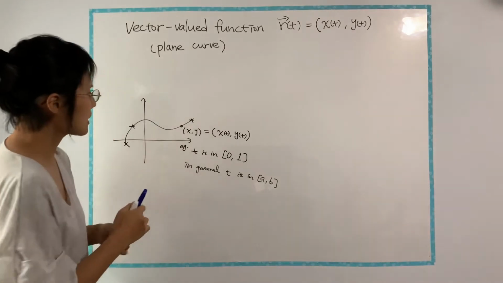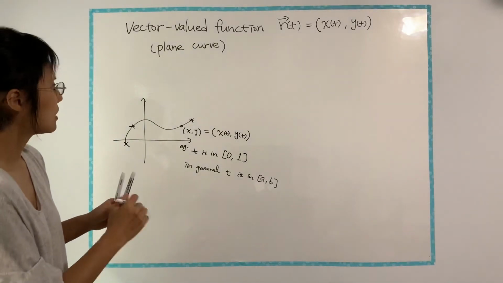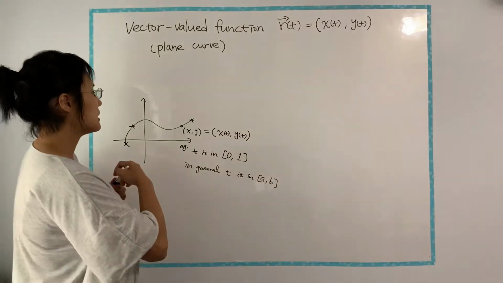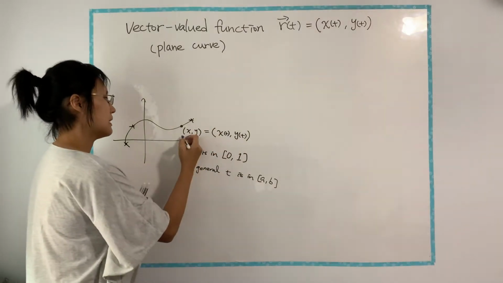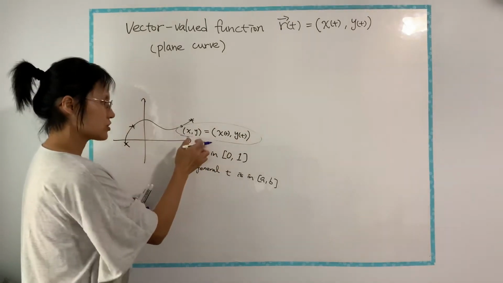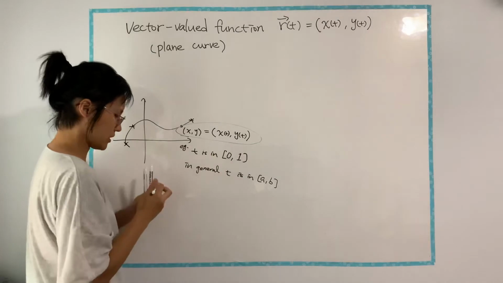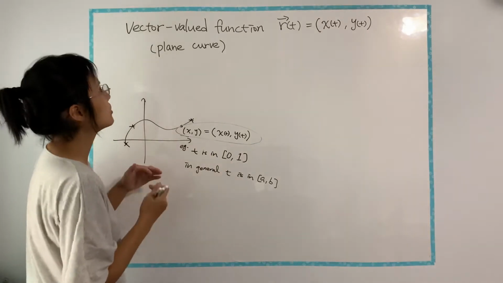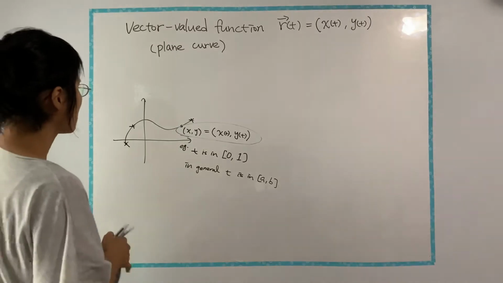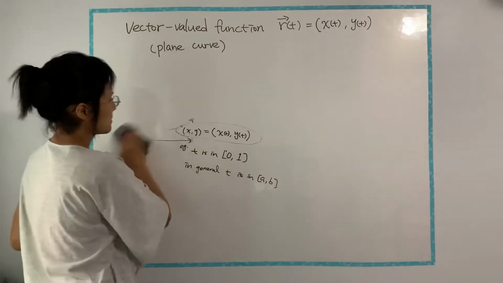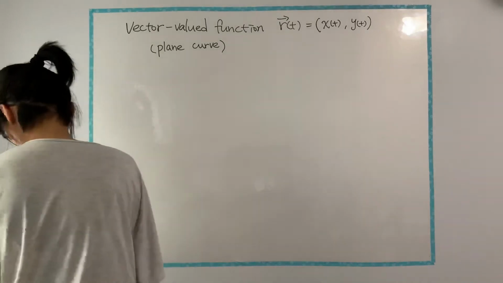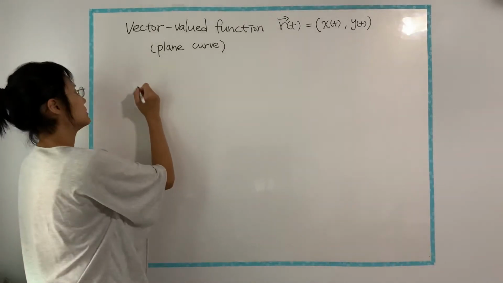Then I can say, how about I define a function using parametric equations. Let's call it a vector valued function. Let me remove this and give you a concrete example.